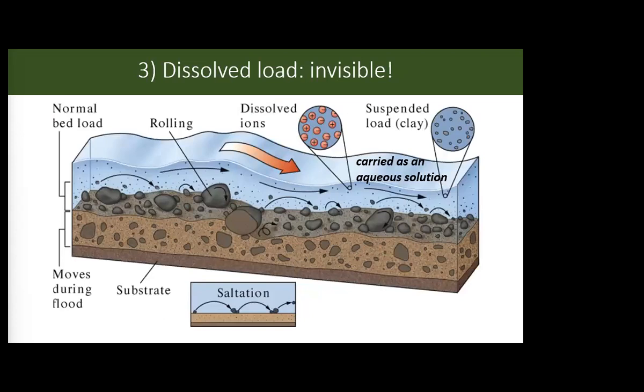And then we have the dissolved load. Even though we have a muddy water, we couldn't even see the dissolved load if there was no motion whatsoever. So this is where we're talking about ions, just molecules of stuff that have been dissolved and placed into the water currents, and they're transporting that way. This makes up still a pretty small portion, just because it's also hard to sample because it's so small.